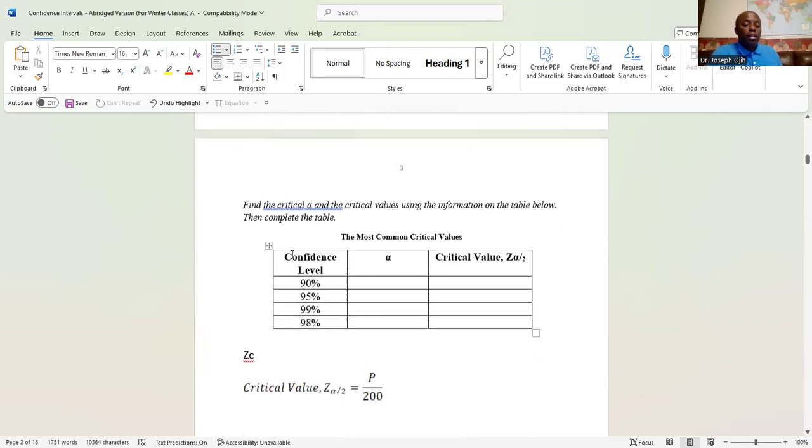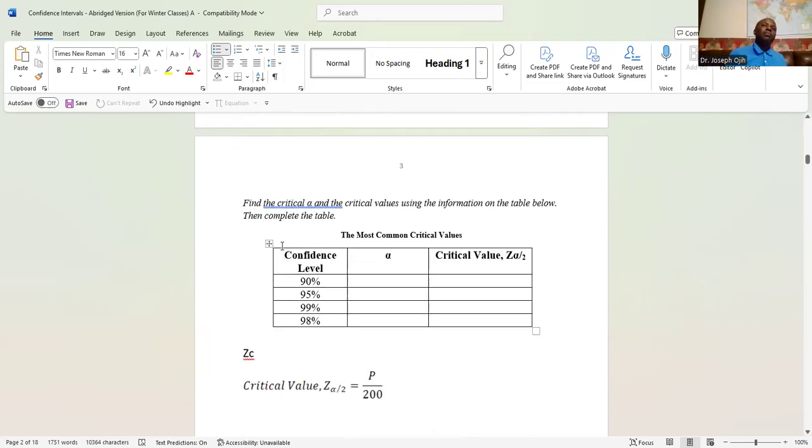So the first thing we need to know when we are doing confidence intervals is how to find the critical values. Like I said, if you're 90% confident, the chance of being wrong is 10%. If you are 95%, the chance is 5%. And if you're 99%, the chance becomes 1%.